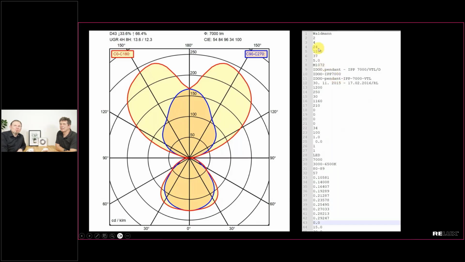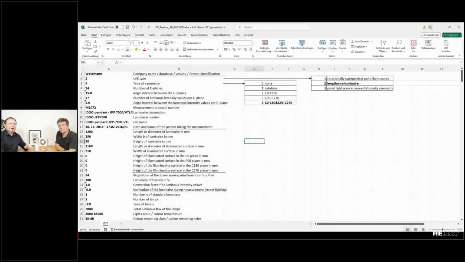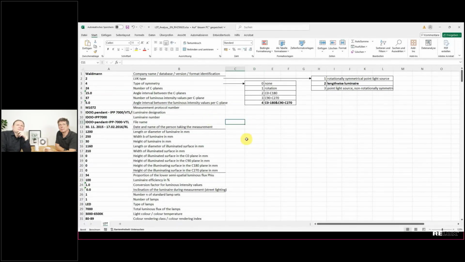If you just put one line in, it will not be interpreted anymore in Relux, for example. But it's not your issue most of the time. Here you can see a lot of this information, and here you can also change things, check things, and this is where I want to show you an Excel sheet where I have an Ulmert file expressed with a bit more information so that you can see what is going on.